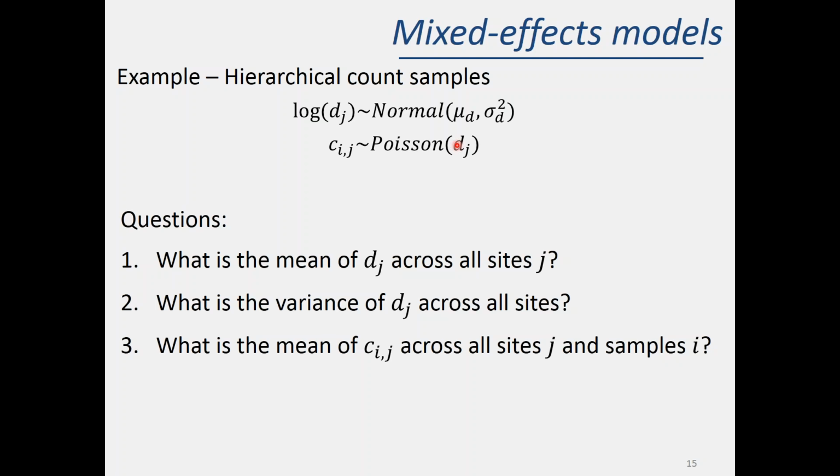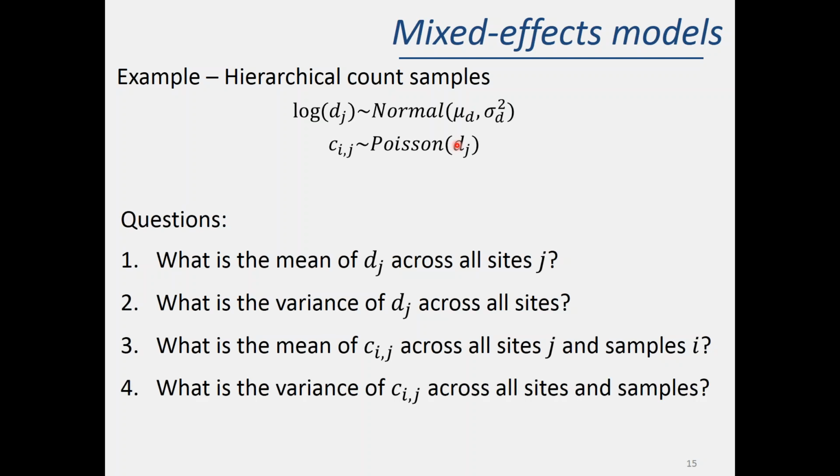Well, it's e to the mu d plus the extra stuff. So the mean of the counts is the same as the mean of that, because we have a Poisson process for the counts. And then what's the variance of the counts? The point I'm trying to get at is: what's the variance of your counts from this hierarchical model?